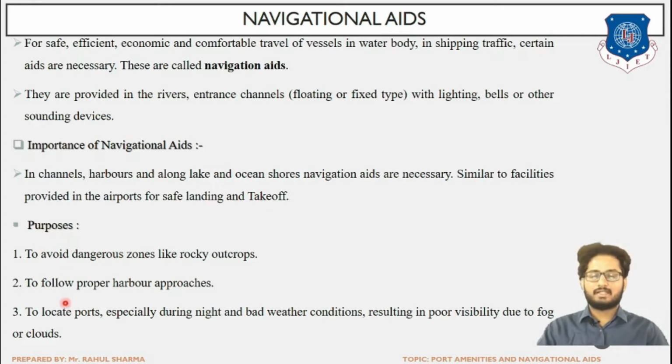Purpose, basically three purposes have been given. First is to avoid dangerous zones like rocky outcrops. Now the meaning of rocky outcrop is specifically a rock of which only a small portion is visible on the surface of the water, but beneath the surface the rock extends vastly.